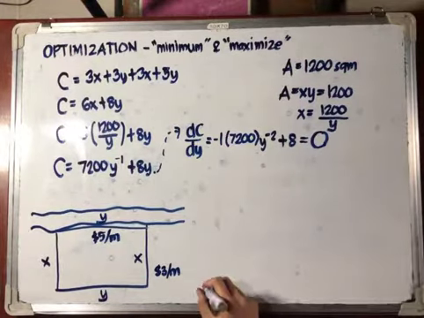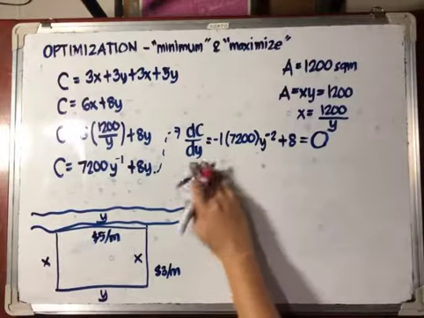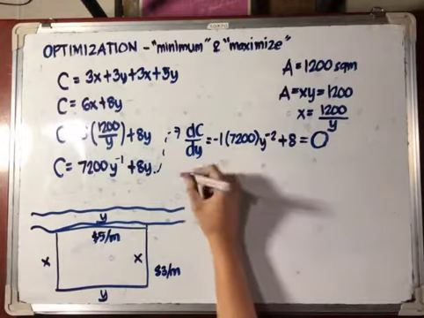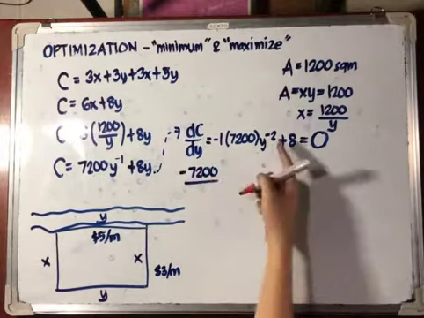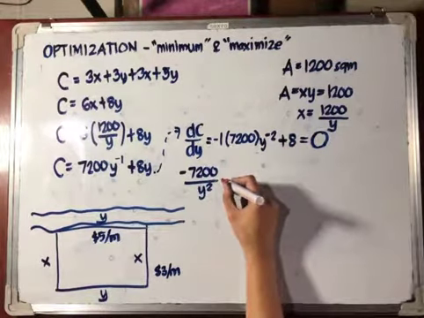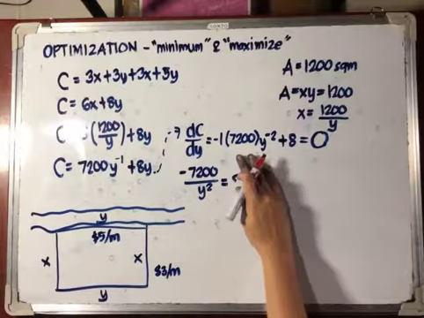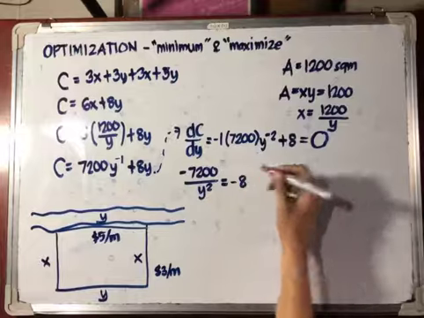Let's simplify it further. This becomes negative 7,200 over y squared equal to negative 8. I hope you are still following, guys.